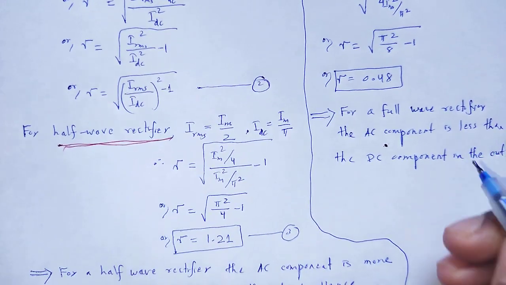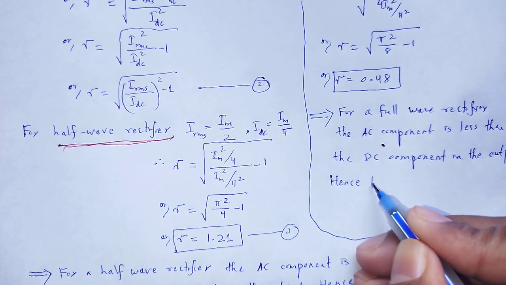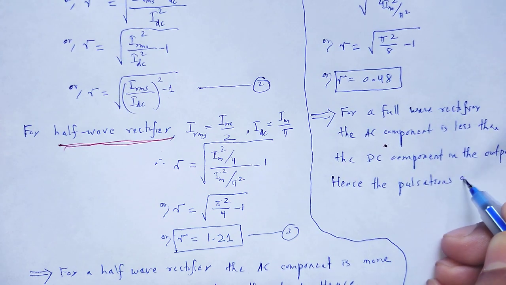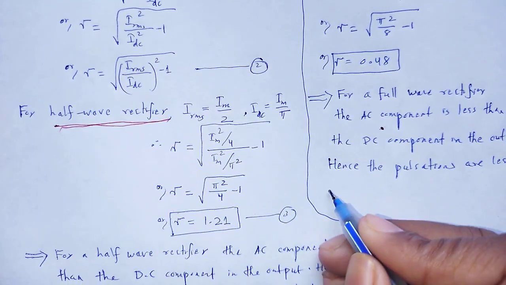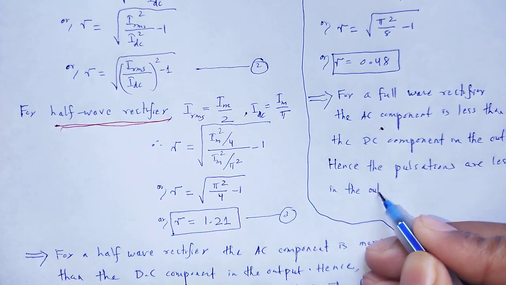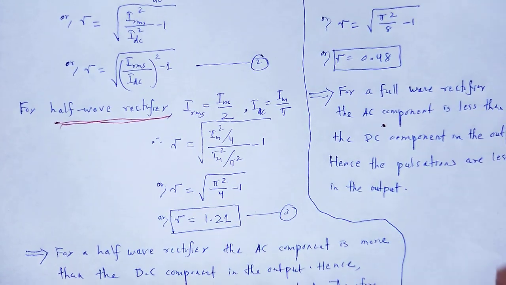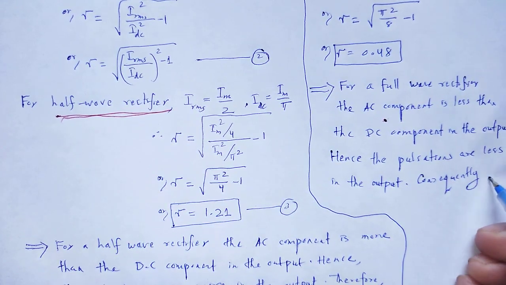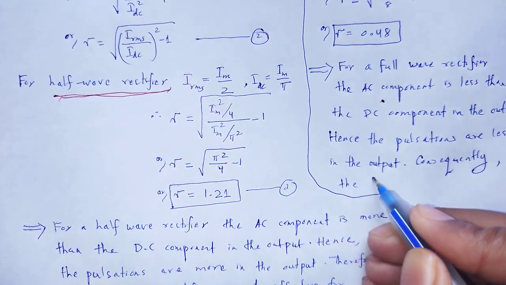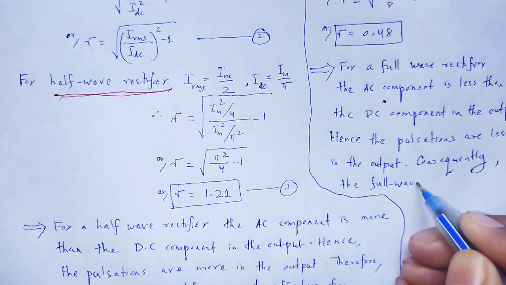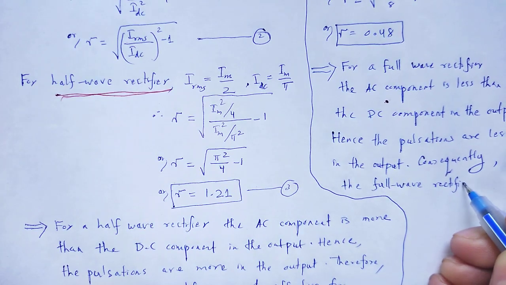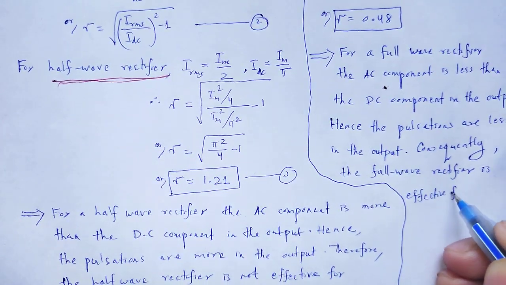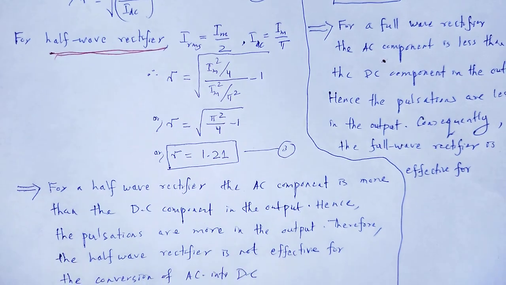Hence, the pulsations are less in the output. Consequently, we can say the full wave rectifier is effective for the conversion of AC into DC.